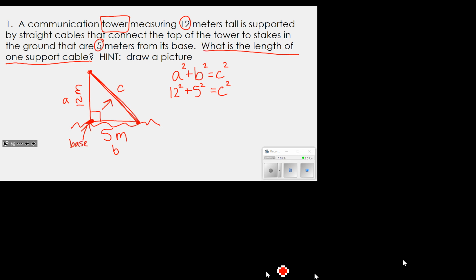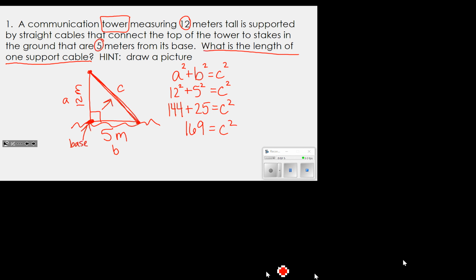Now we're going to do 12 squared, which is 12 times 12, which is 144. Then we have 5 squared, which is 5 times 5, which is 25, equals C squared. So then we can add them together, and that is 169 equals C squared.